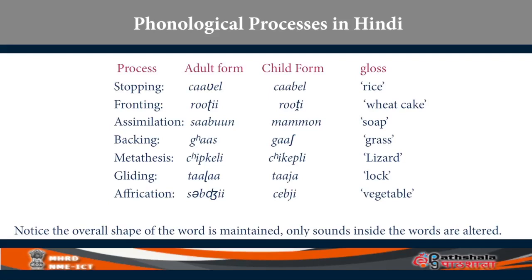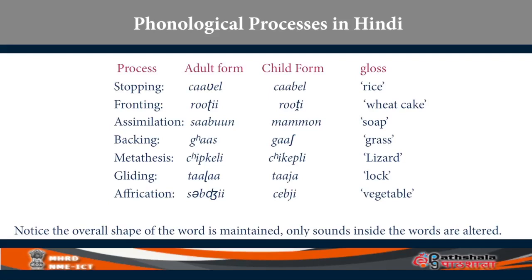Ghas is becoming gash. The aspiration is gone, sa has become sha. So it is backing. Remember from your speech perception module, sha is more front, sa is more back, palatally. So the child is preferring to say gash as opposed to ghas. Metathesis: chipkeli is pronounced by the child as chikepli.